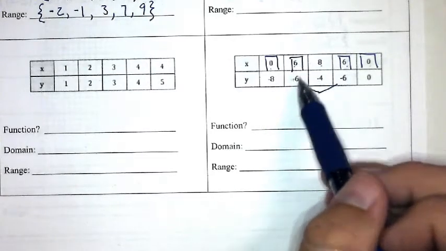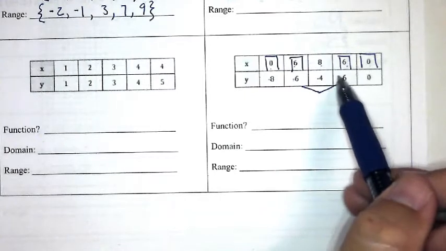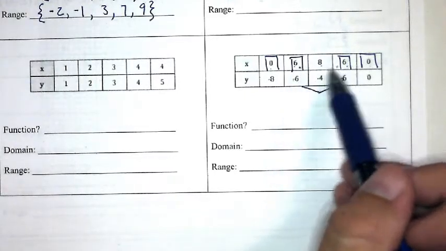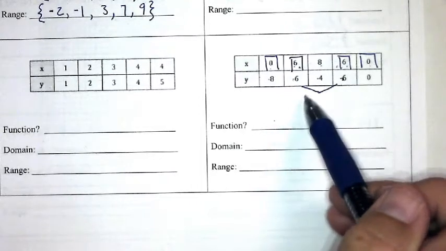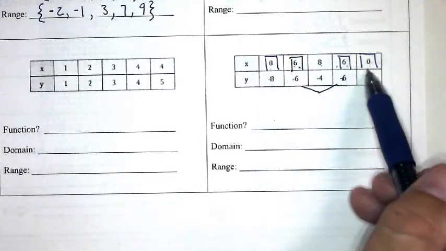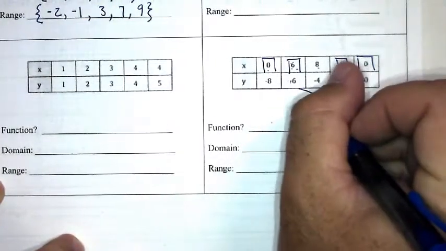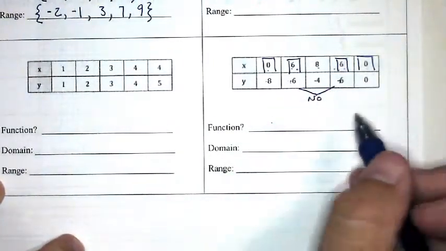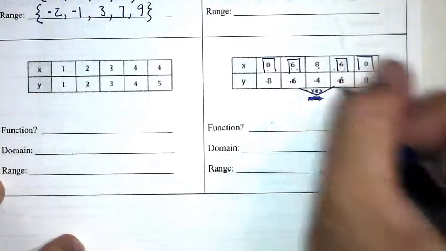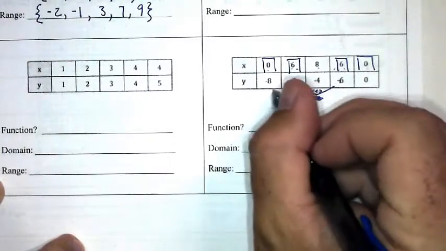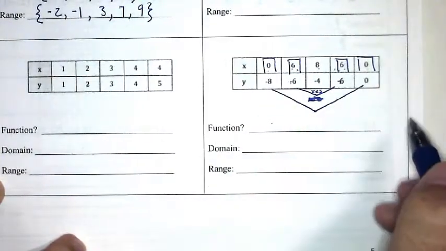So this doesn't even count. However, if I was only given that this was my repeated value, I would say this is a function. But because I have two sets, I got to look at the second set. Yes, the y values are the same. Looking at my x equals 0, are my y values the same there?